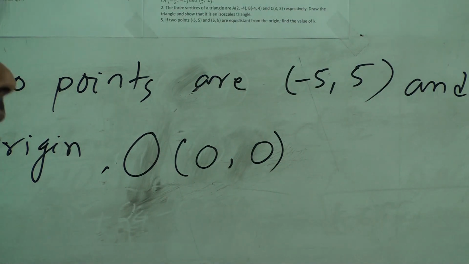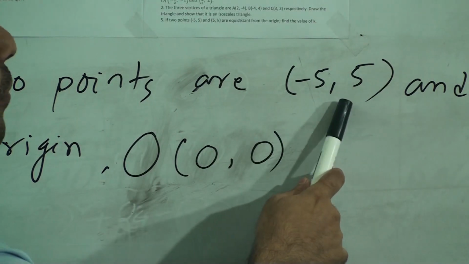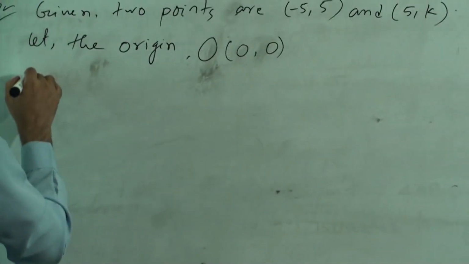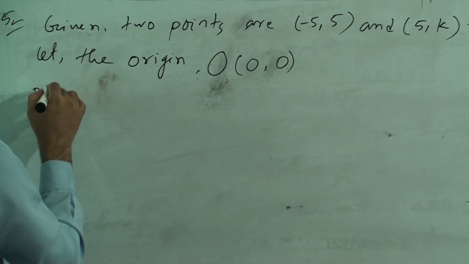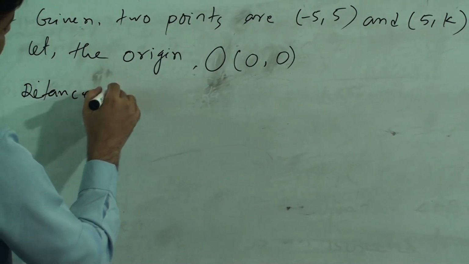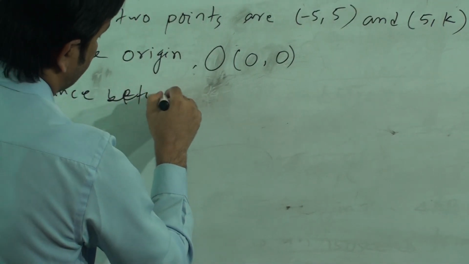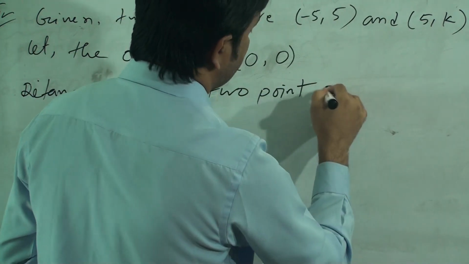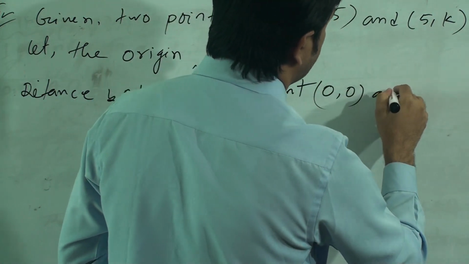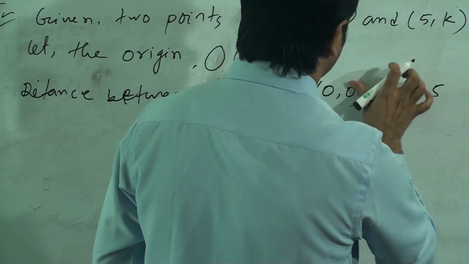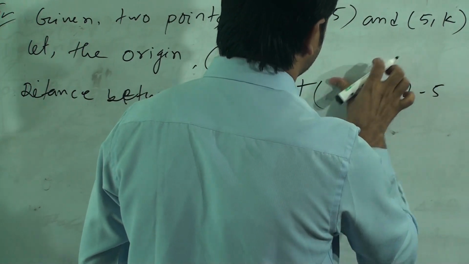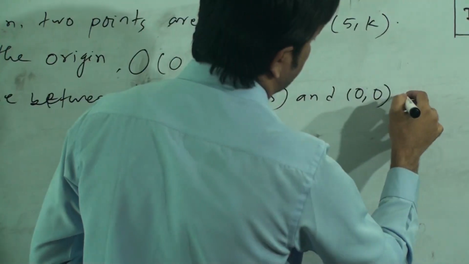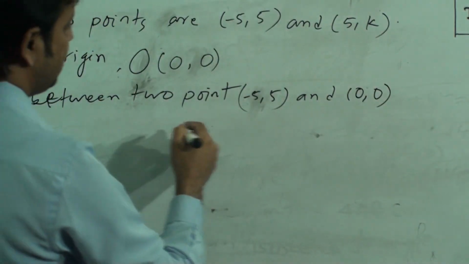So we can determine the distance of the point minus 5, 5 from the origin. So determine the distance between the 2 points 0, 0 and minus 5, 5. So we will get the distance here.